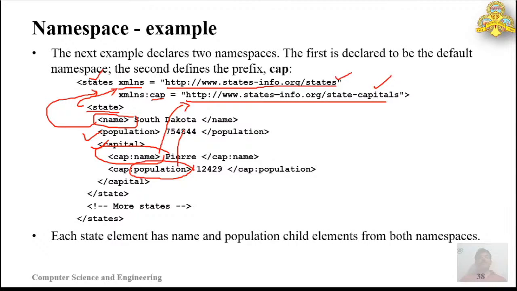So for name and population, if the prefix is not specified, then the definition will be taken from the default namespace. If a prefix is provided, then the specified URI is used for its definition. So this is for using two or more namespaces.